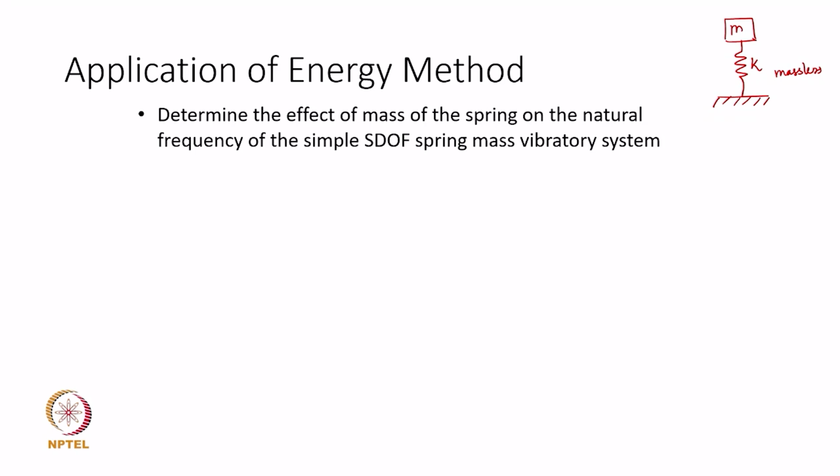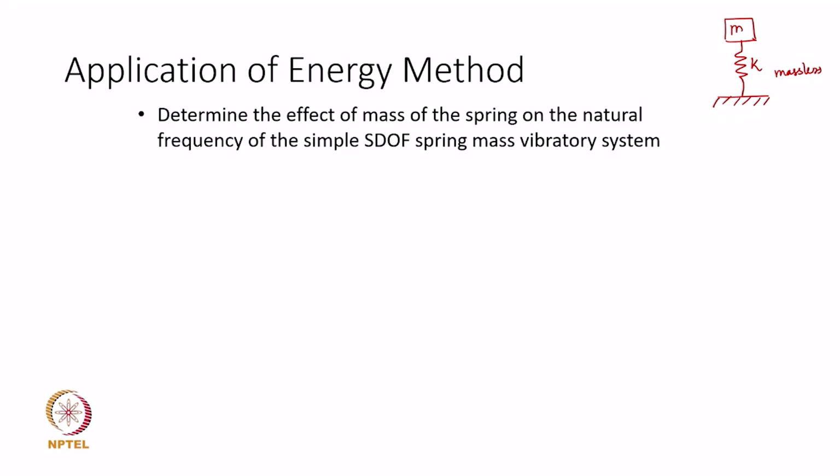Right. So, in that situation, yes, many times the contribution from the spring mass may not be significant and the natural frequency obtained may be accurate or practically quite close to the real value.